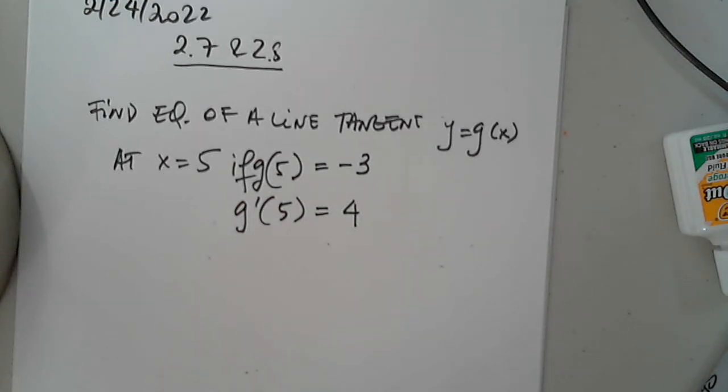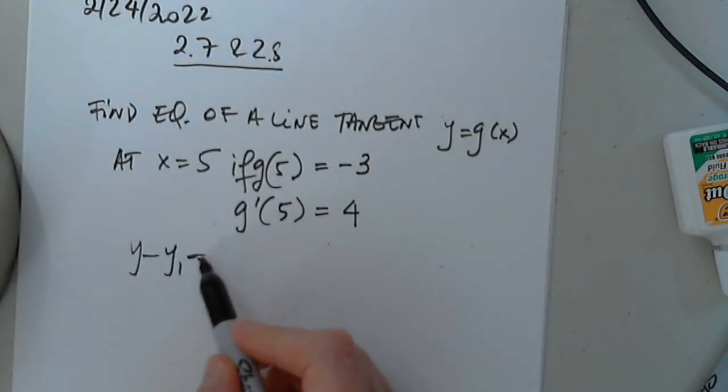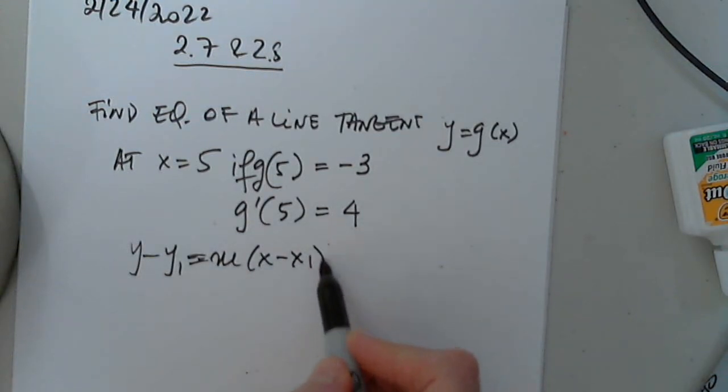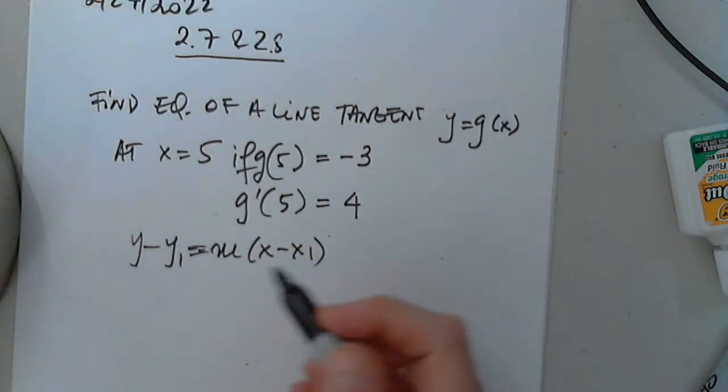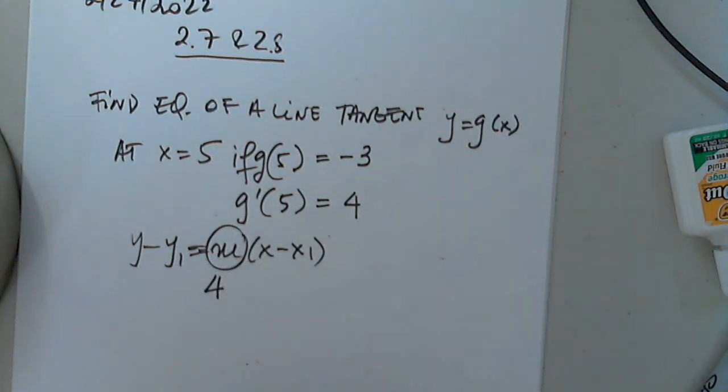Let's see how we analyze this. First, we do y minus y1 equals m times x minus x1. Excellent. What do we know from all this? Excellent, thank you. G prime is our slope. We do know 4. Awesome.